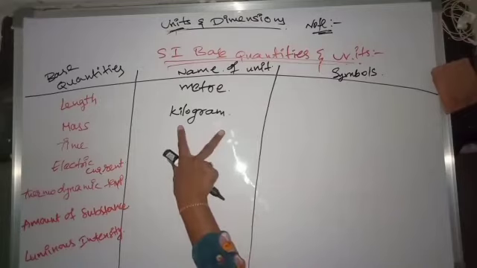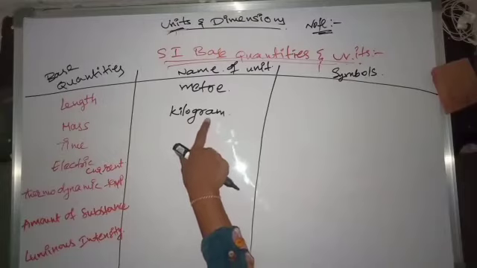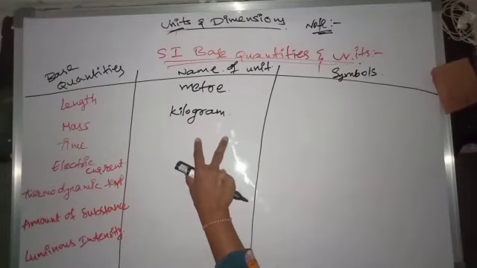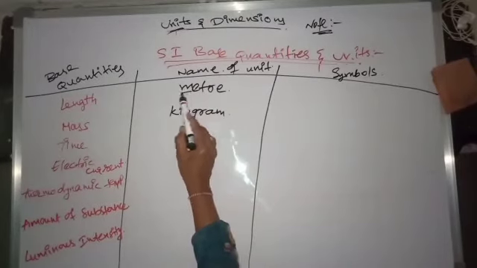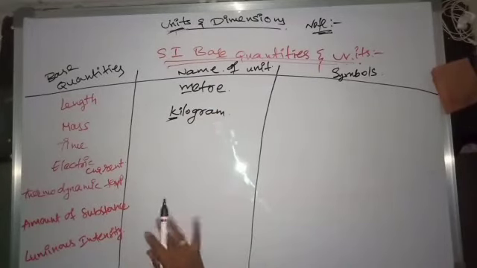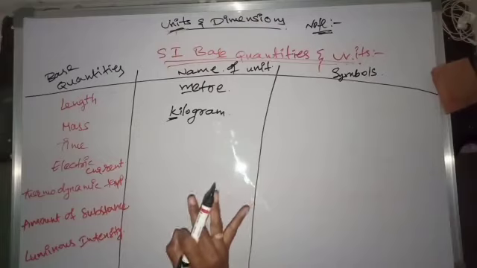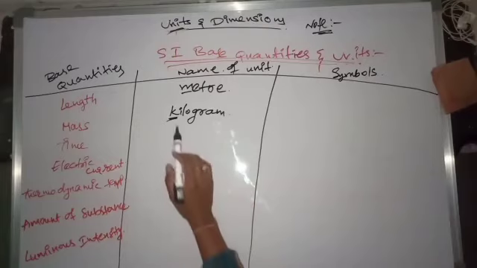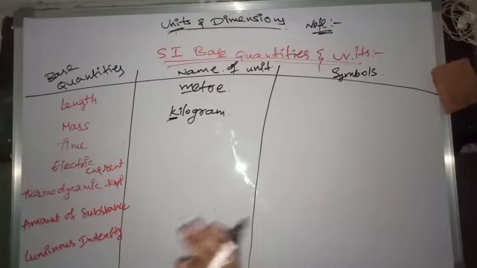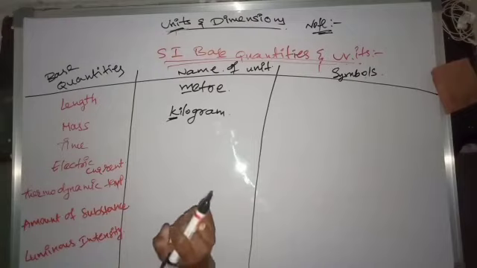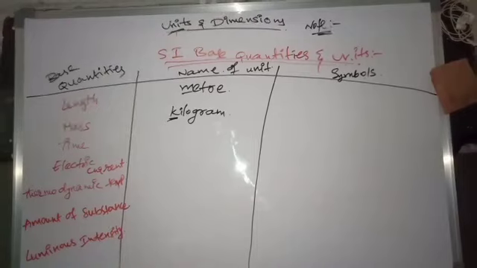What is the note? The name of the units must be written with small letters only. Even the first letter of the unit is written in a small letter only. Even the scientist name is also written in small letters. Okay, this is a note.